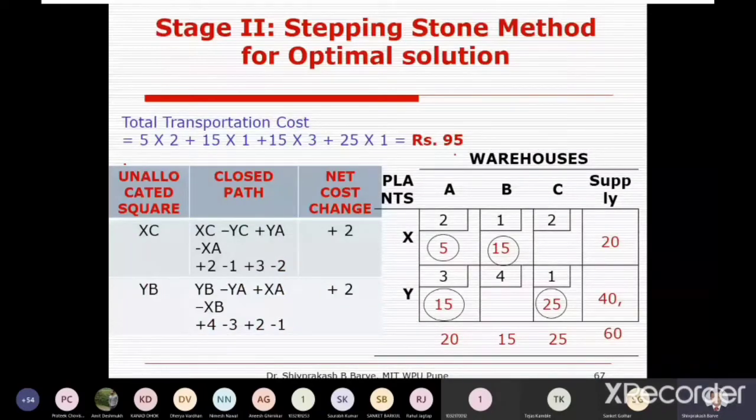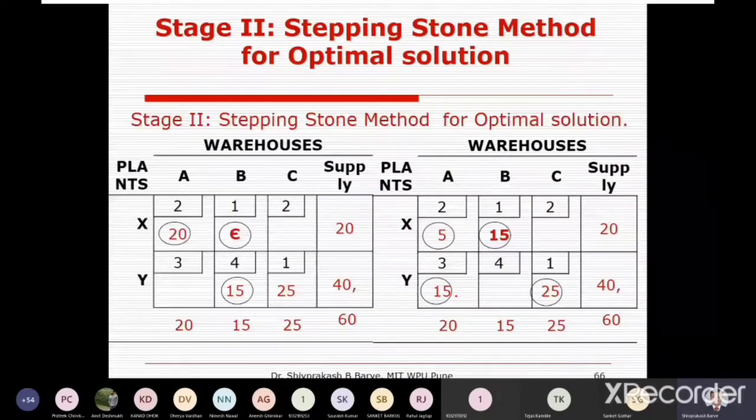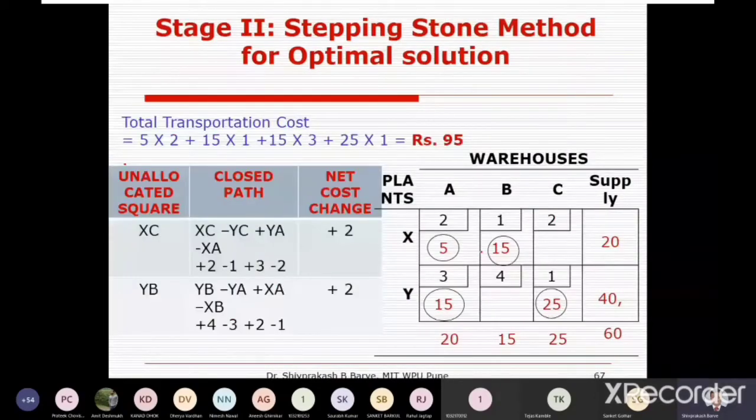You see the previous solution for iteration 1, the transportation cost was 125. When we shifted 15 units to YA, the transportation cost became 95. This solution is improving and we are on the right track to reduce the total transportation cost.